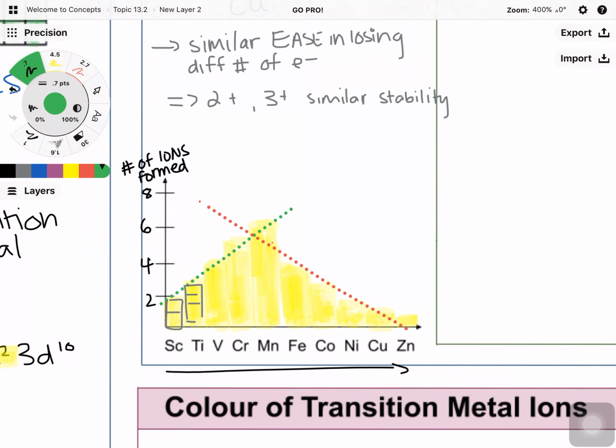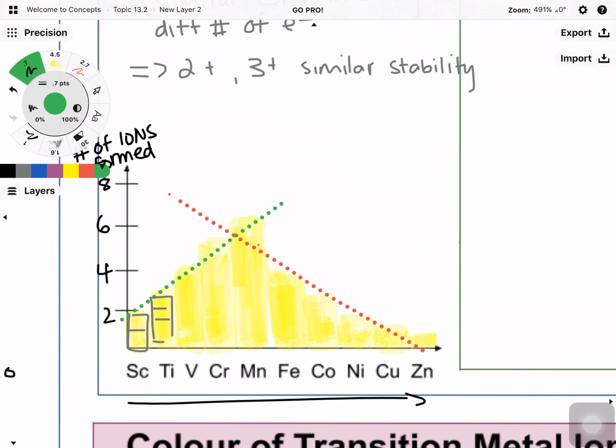As we start from scandium and move on towards manganese, more different kinds of ions can be formed. That's because as we go from left to right, there are more electrons of similar energy. Remember, each step to the right, we're adding 1 more electron. So this trend occurs because there are more electrons of similar stability.